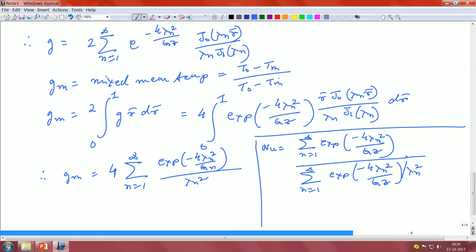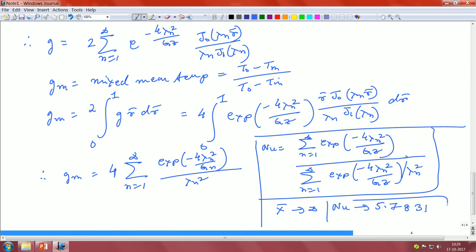So, this is the value of Nusselt number at any point. Obviously, as x bar approaches infinity, the Nusselt number, in this particular form, approaches 5.7831. It is a little higher than your other cases. That is because you are dealing with a uniform flow field right now.